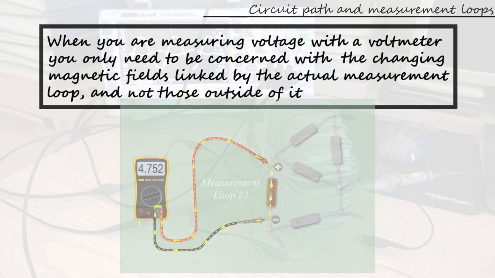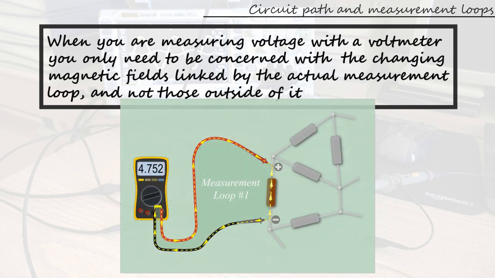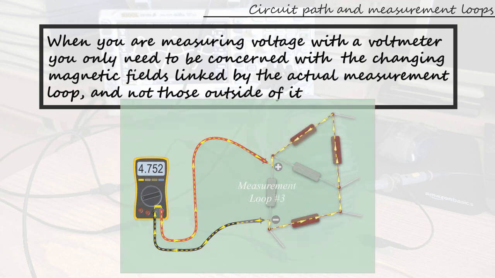Let me reiterate that a measurement loop is a closed loop formed by the branch of circuit you want to measure voltage of and the path formed by the voltmeter, its leads and its probes. It is shown by a dashed yellow line running inside the voltmeter's lead and going through its internal input resistance. Note that, as shown here, there can be multiple measurement loops when multiple branches of the circuit have the same endpoints in common.